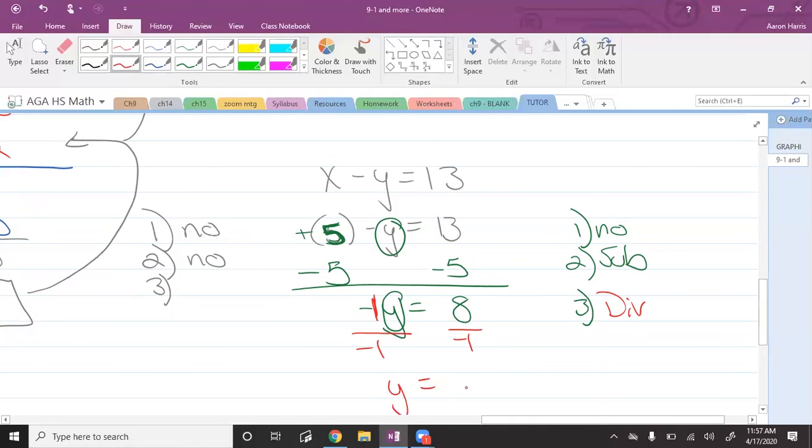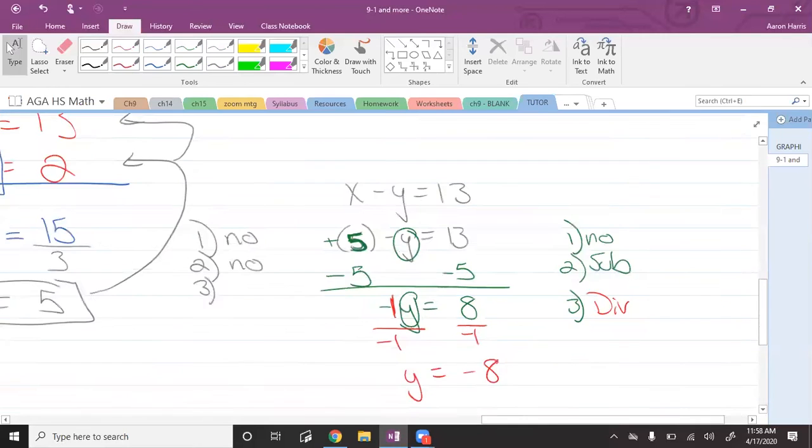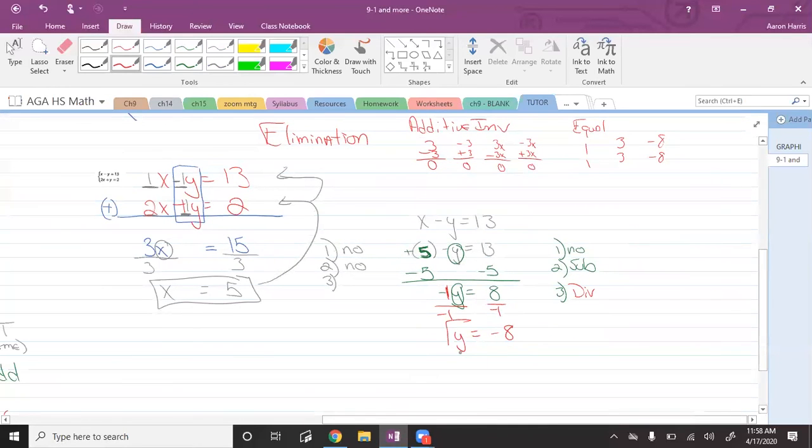Y is equal to what? 8 divided by -1 would be -8. Yes. You just told me that x is equal to 5, y is equal to -8.